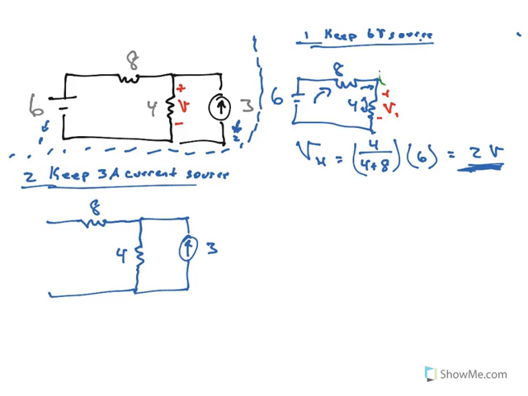Now where the voltage source was, remember the rule is if you drop a voltage source it becomes a short. So that's just wire there. And again, I want to know what's the voltage on this resistor here. This time I'll call it V2 because it's our second circuit.